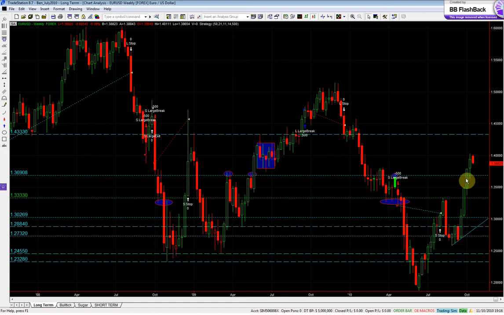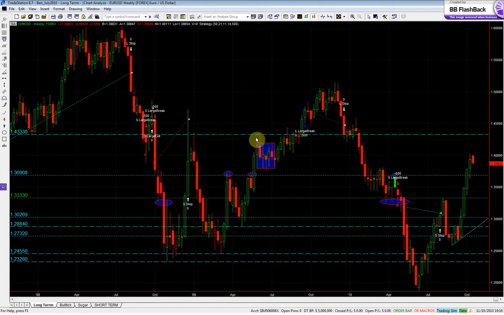We've traded up very nicely through the 136.90. That was our next significant point, and we are getting continuation. This week is slightly down, a natural pullback in a strong move up.